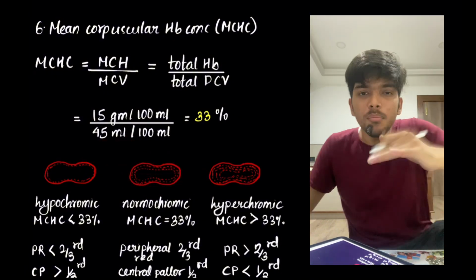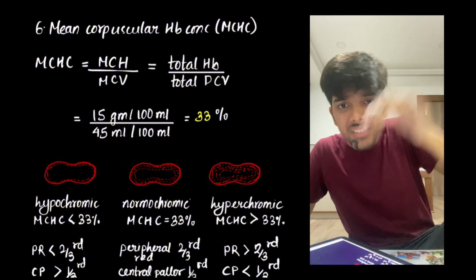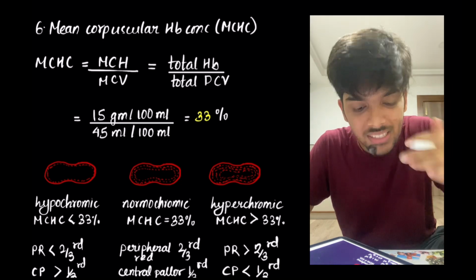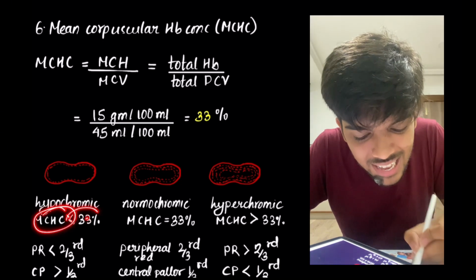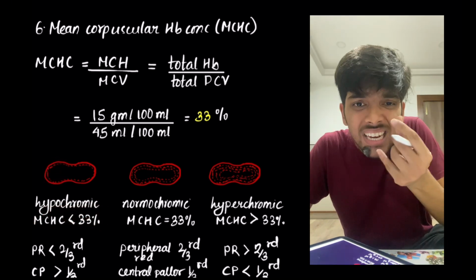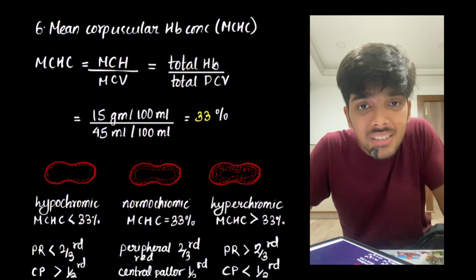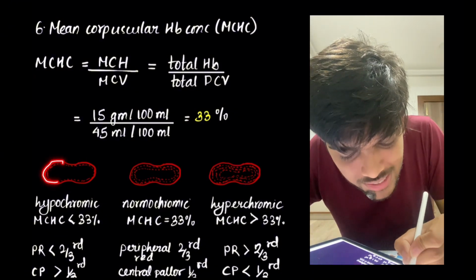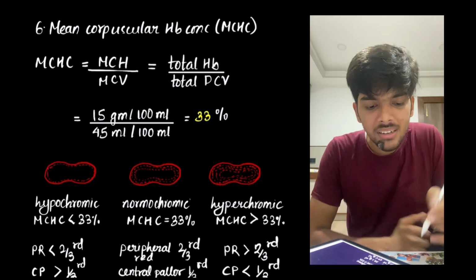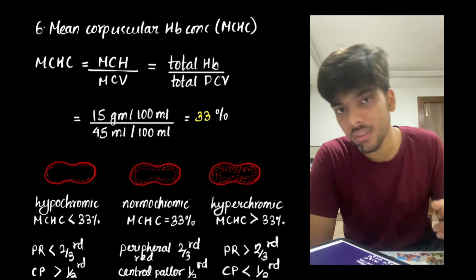There is less hemoglobin for the same volume, that means less concentration. If there is less concentration, MCHC is less than 33%. Obviously, the peripheral red is going to be thinner because there is less hemoglobin for the same volume. It is going to be less than 2/3, and the central pallor is going to be larger, that is, greater than 1/3.